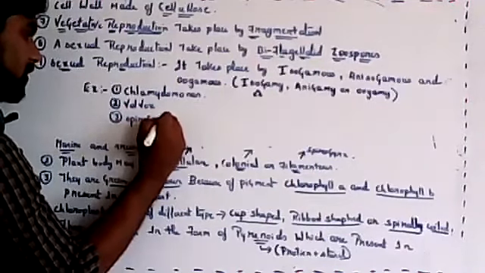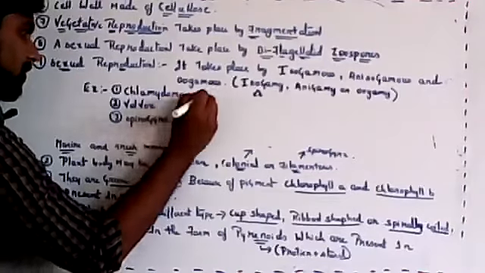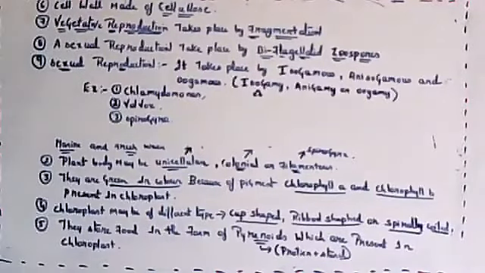This much is enough, three examples. These three come under green algae: Chlamydomonas, Volvox, and Spirogyra.